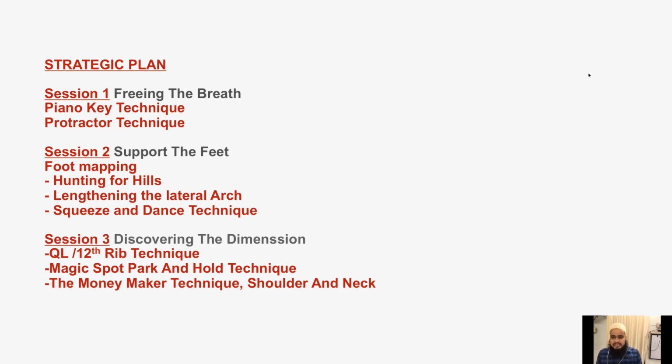After 3 sessions, meaning only 3 hours of work, the patient was completely relieved from her shoulder pain and heel pain, which she had been suffering from for the last 3 years. Before coming to me, she had visited many orthopedicians and many other consultants, but she could not get any relief. Nowadays, if we see this kind of presentation, we always suggest using the medial arch support, saying you will be fine.